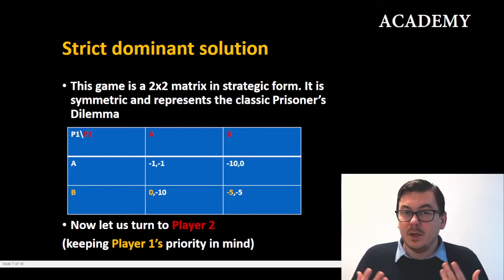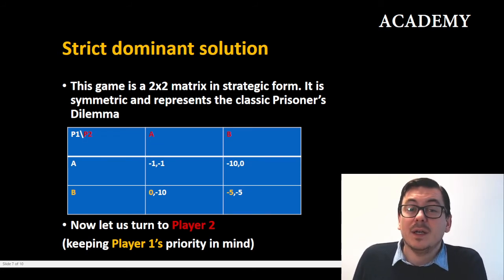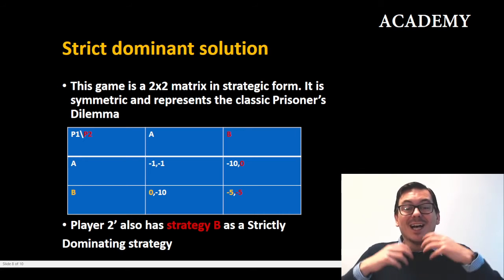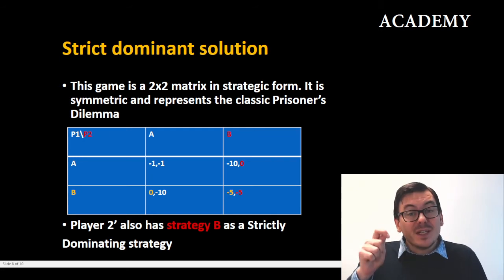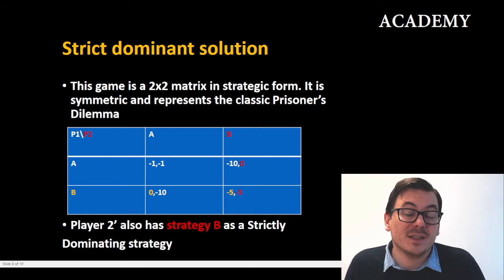So already here we might think that there might be a preference, and there is, because as with player 1, because it is a symmetric game, player 2 also has a strictly dominating strategy in choosing strategy B, because here he will get 0 instead of -1 and -5 instead of -10.